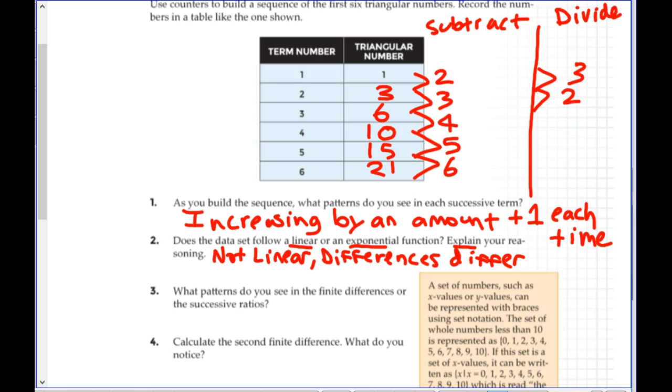And we can keep going. We could do 10 over 6, which is 5/3. 15 over 10, which is 3/2. 21 over 15, which is 7/5.